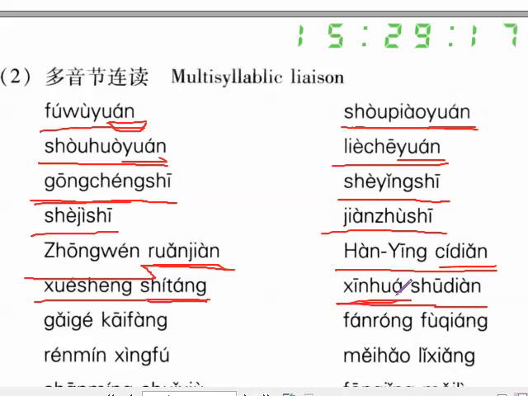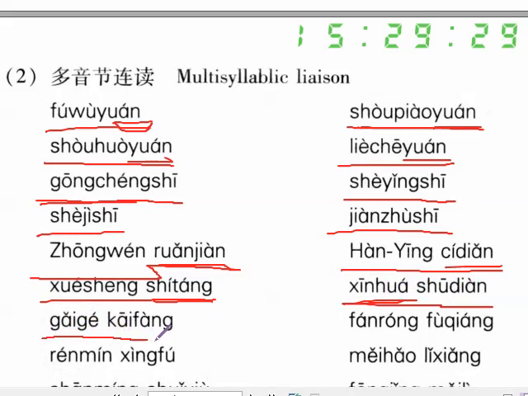So all public bookshops were called Xinhua 书店.